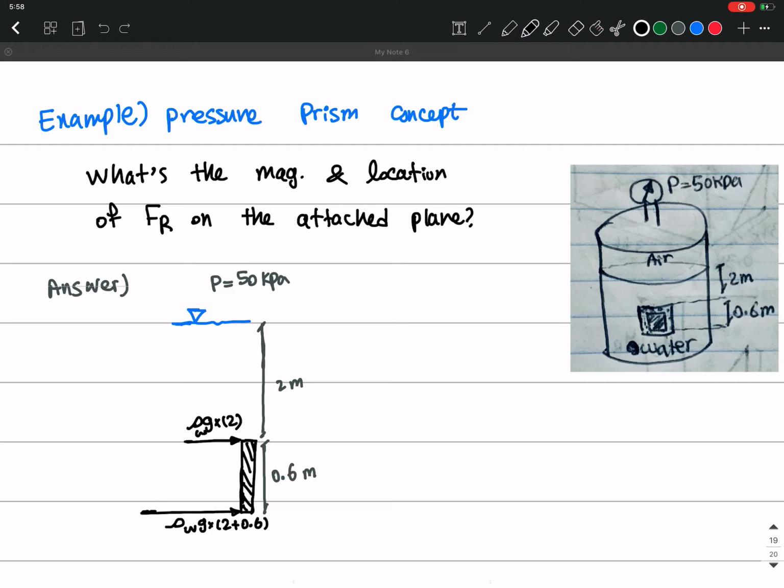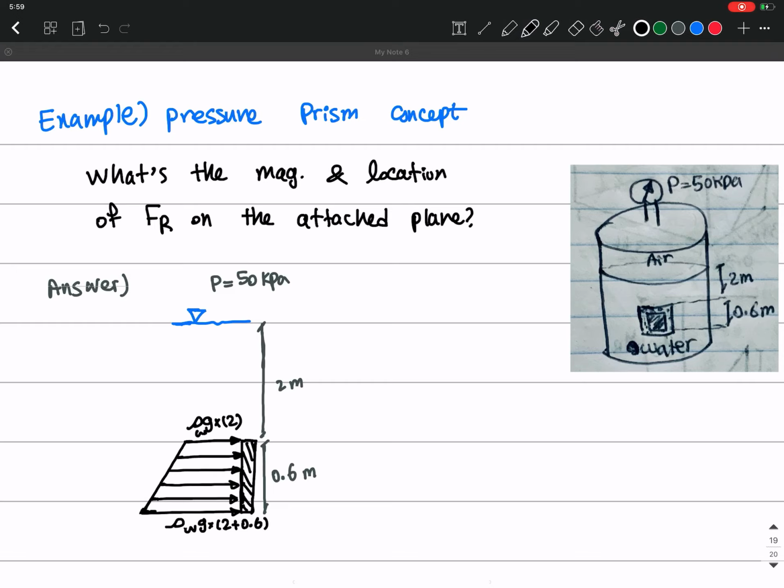Okay, and because this is an incompressible fluid at rest, we can assume again the linear change in hydrostatic pressure. So we are going to have this linear relationship here, and this is going to be the free body diagram of the hydrostatic force that acts on this attached plane. Okay.